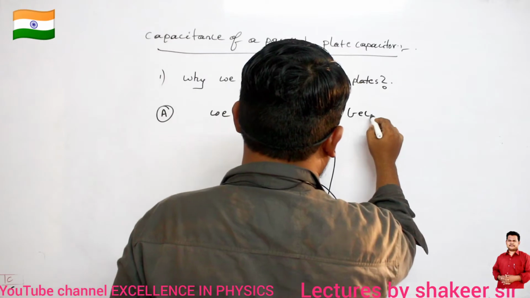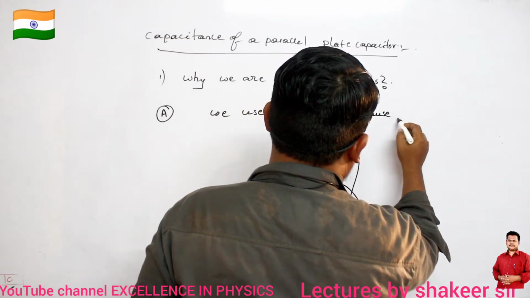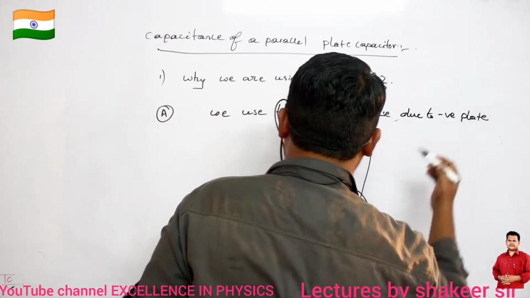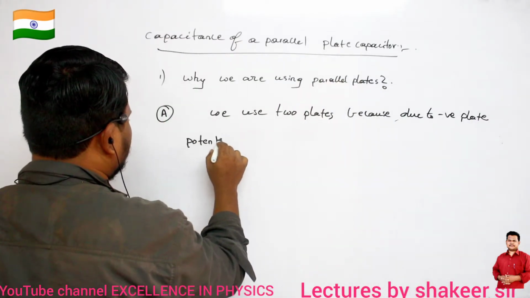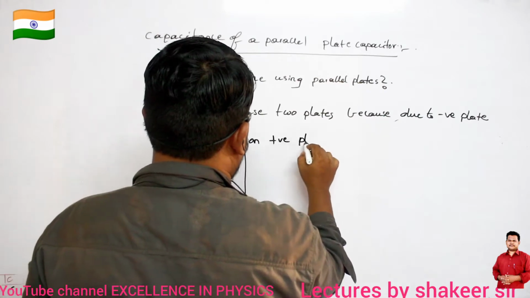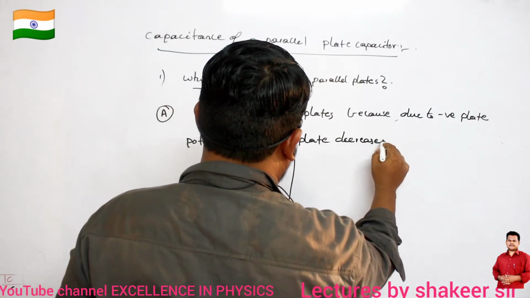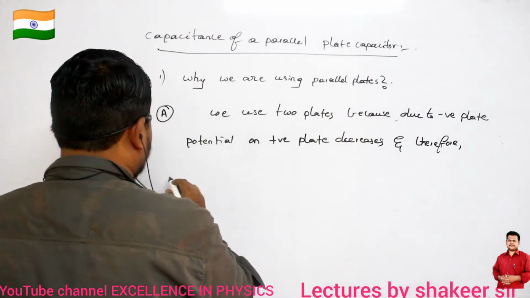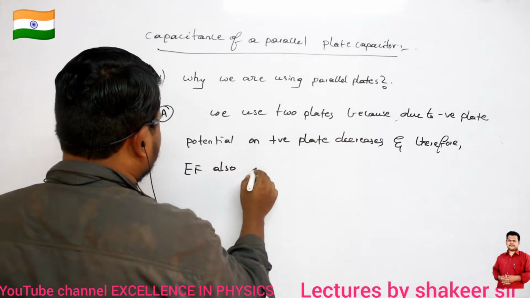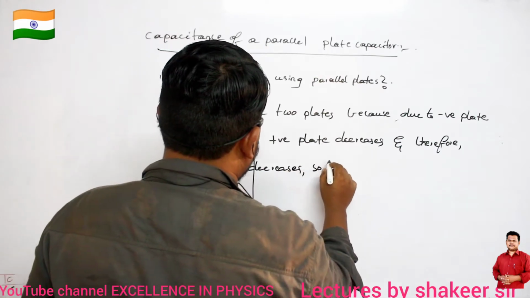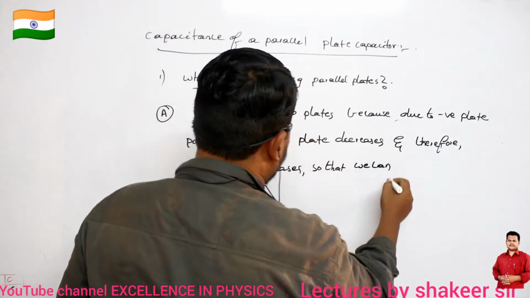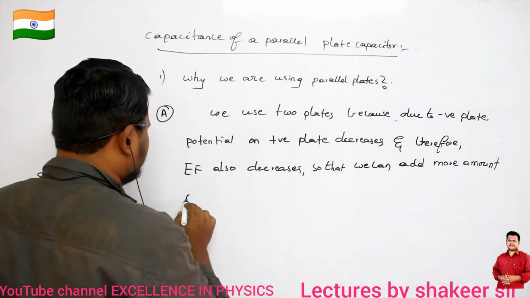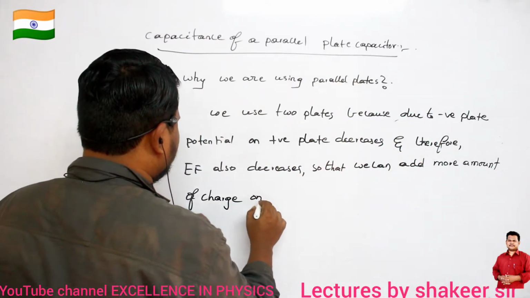because, due to the negative plate, the potential on the positive plate decreases, and therefore the electric field also decreases, so that we can add more amount of charge onto the plate.